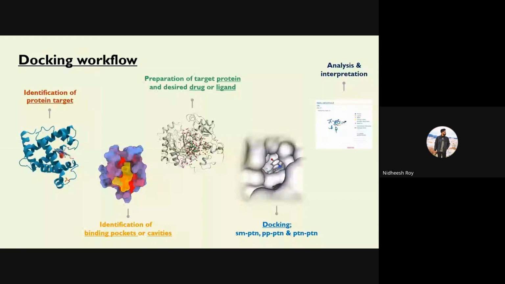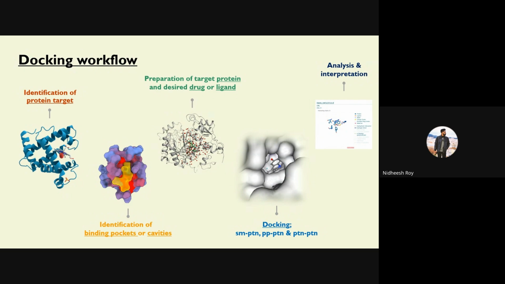Once the binding site is identified, we move to preparation of the target protein and ligand. This step is often underestimated, but it is one of the most important parts of docking. Protein preparation includes removing unnecessary molecules such as crystallographic water, adding hydrogens, assigning charges, and performing geometrical corrections. Ligand preparation involves generating the correct protonation state, geometry optimization, and file format conversions.